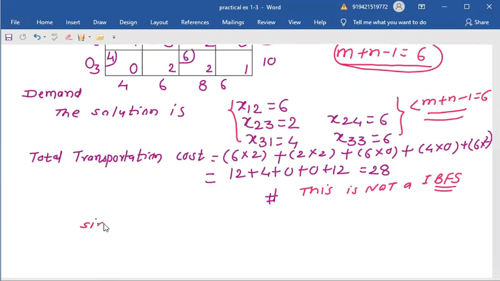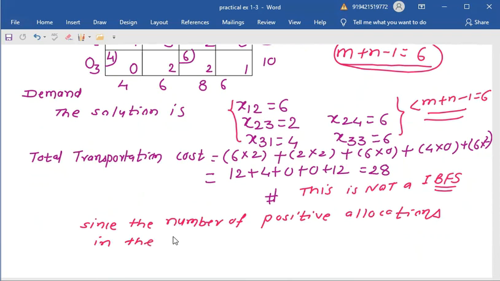That is, if the number of positive allocations in the feasible solution is less than m plus n minus 1, it is a degenerate feasible solution.